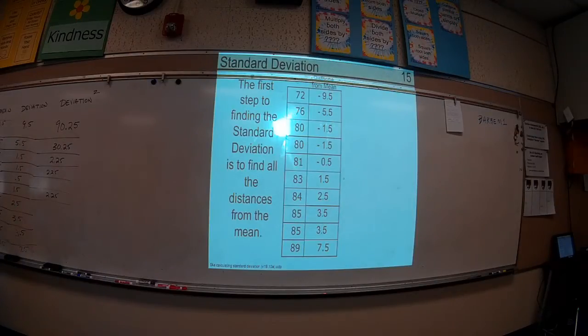That's why I don't have to keep track of the negatives, because a negative squared is going to be a positive.